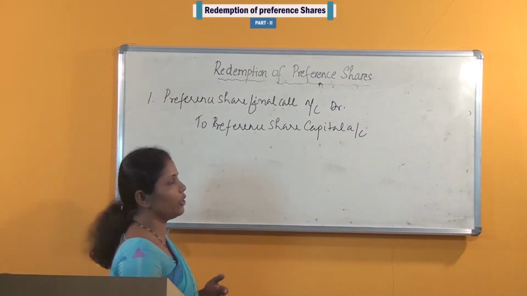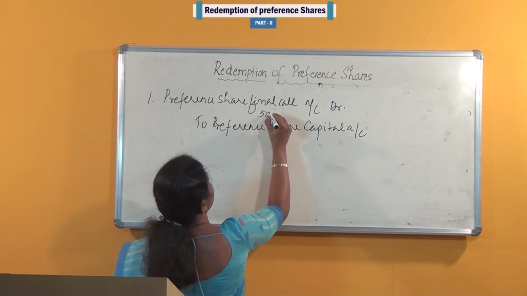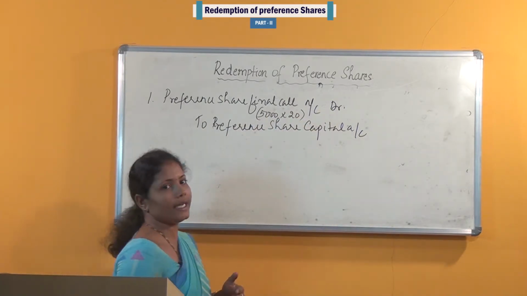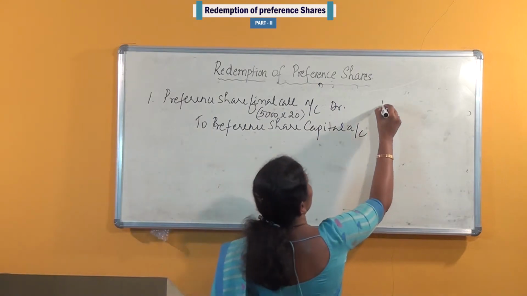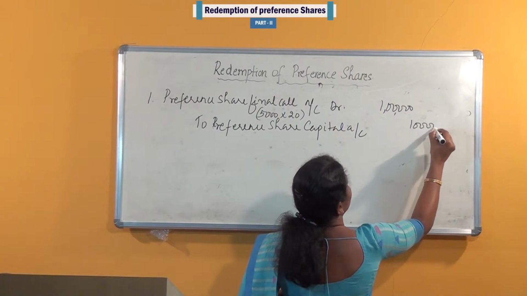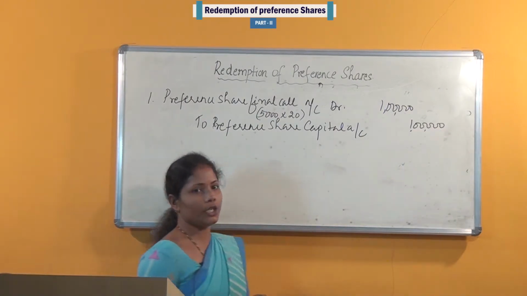What's the call money due? The number of shares issued is 5,000. The uncalled final call is 20, now called. So, the amount of final call money is 1 lakh. This is the entry for final call money due.